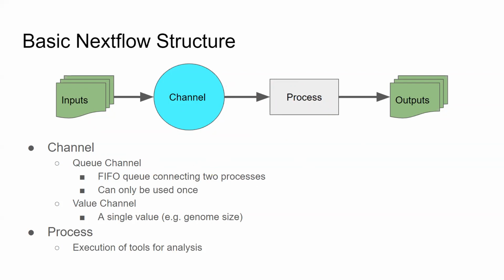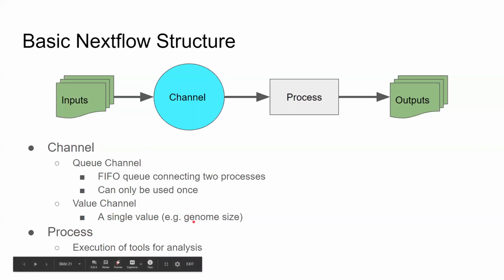I think it'll be super useful, but at this point I'm putting it to the side because I don't want to go down that rabbit hole yet. And then there's a value channel, which is a single value, such as genome size or coverage. And a process, like I said, is where you execute all your tools and analysis.